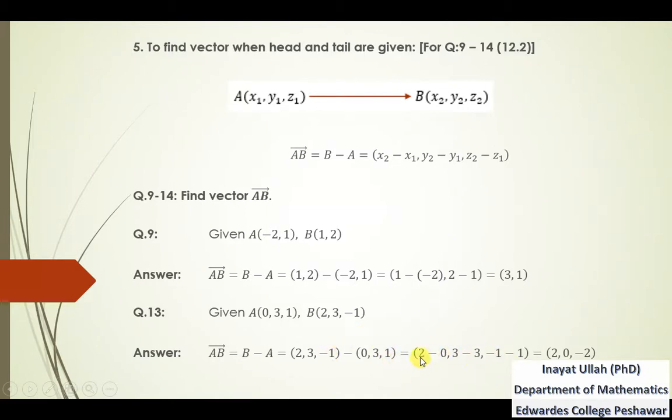So 2 minus 0 is 2, 3 minus 3 is 0, and that is minus 2. So that is the AB vector. So that's how we find a vector when two points are given, or we may say when the head and tail of a vector are given.